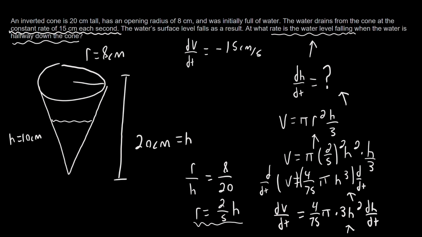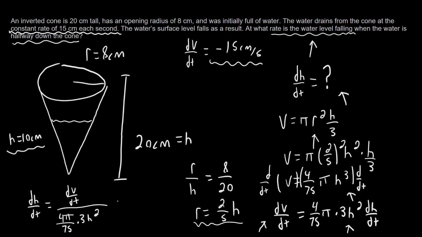So we have the height at that moment, which is 10 centimeters, and we also have dV over dt, which the question gave us. So now if you just rearrange for dh over dt, you'll get dV over dt all divided by 4 pi over 75 times 3h squared.